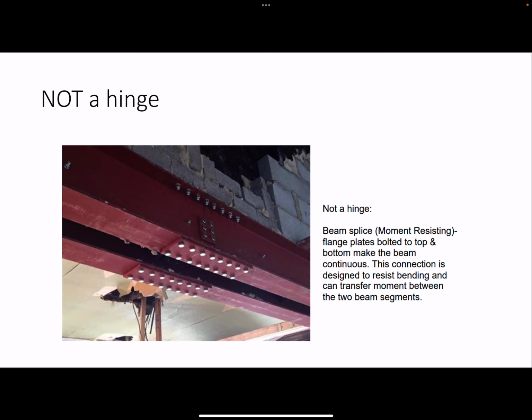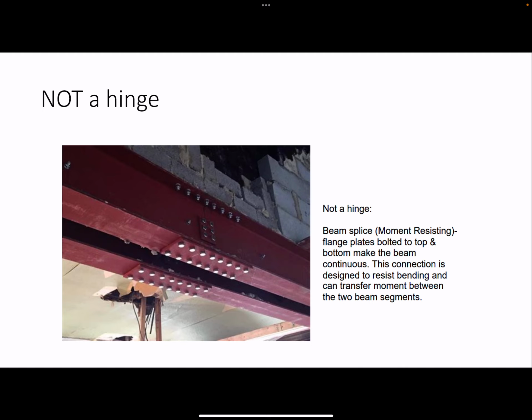Here's an example of an internal connection between two members that is not a hinge. And the difference, you can see, is substantial. You still have the webs of these members attached with a plate with some bolts. But then look at all the bolts that are attaching these thick plates to the top and bottom flanges of those members, right?